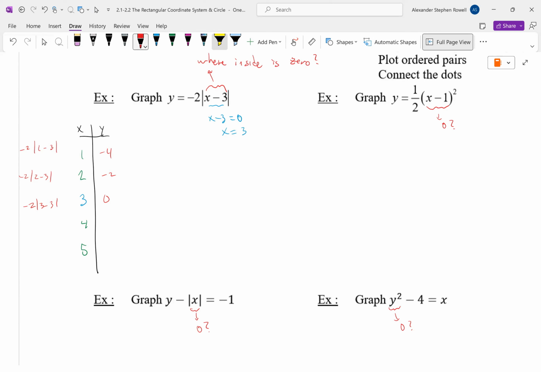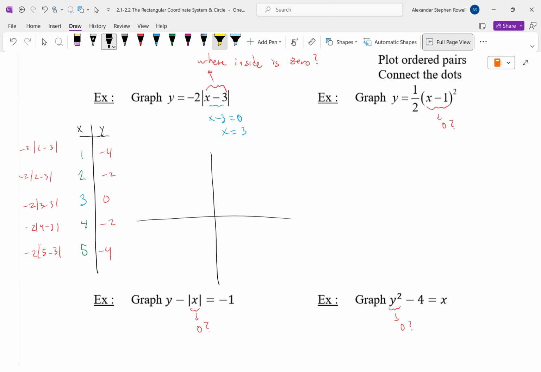I found out where it was 0 on the inside because that gave me negatives. Right. When I plugged in 1 and 2. If I plug in 4, what do I get? -2. If I plug in 5, what do I get? -4 again. Wow, there's some sort of symmetry going on. In the future, we'll definitely investigate that. But for now, we're just going to plug in points.